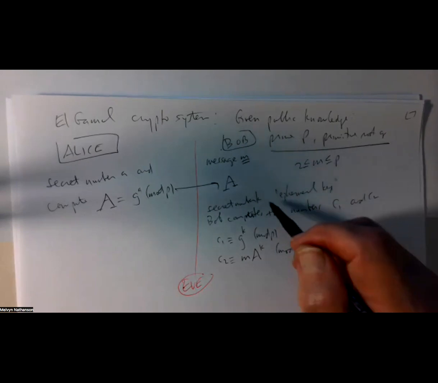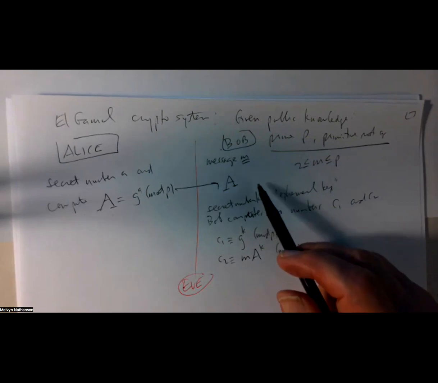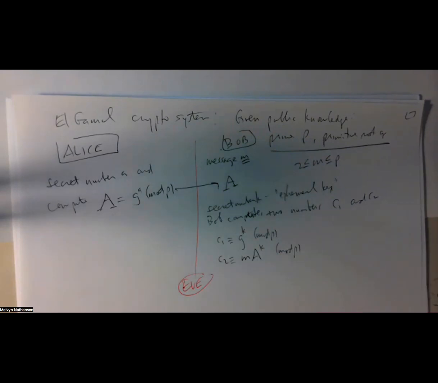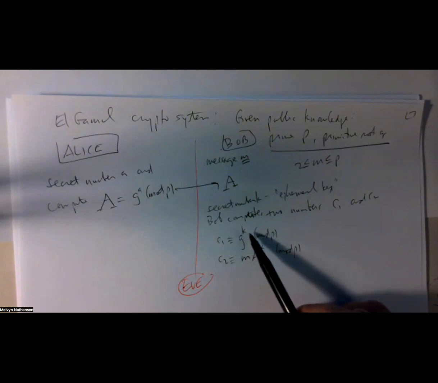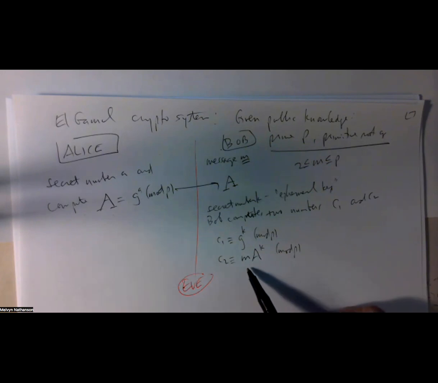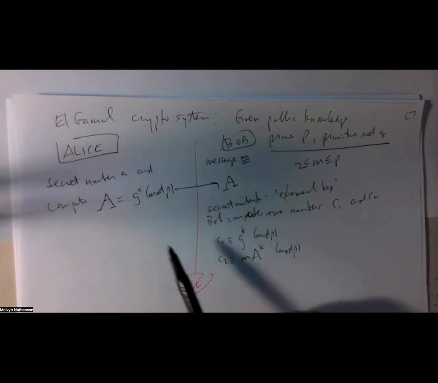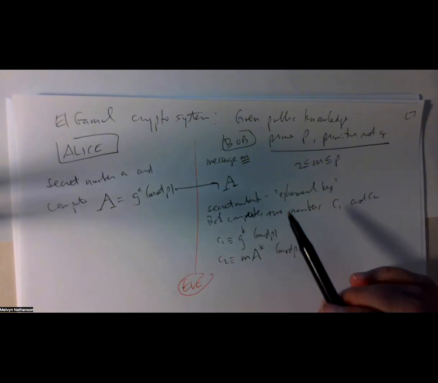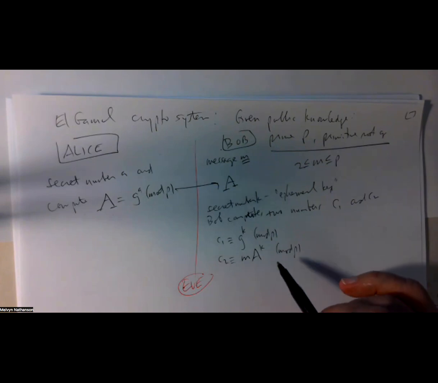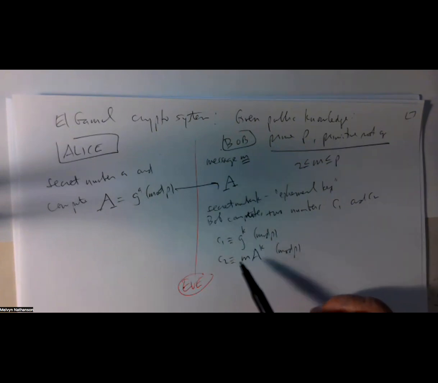Bob chooses a number little k, and just as he did in the Diffie-Hellman, he computes G to the K mod P and calls that C1. But then he takes his message, that's a number, and he multiplies it by capital A to the K, where capital A is the number that Alice sent him.